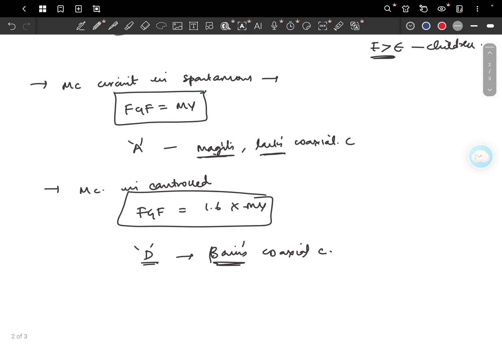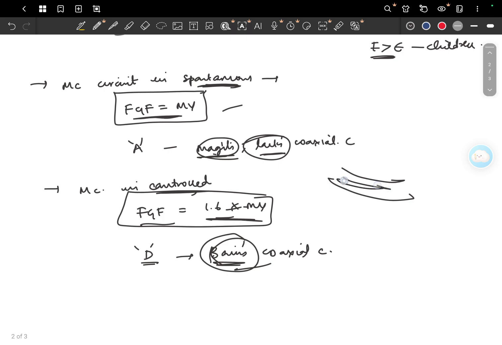So these are the 2 points you have to remember. In spontaneous, this is the formula, and Magill's and Lack; in controlled, this is the formula, and Bain's is the answer. Bain's looks something like this, it has a tube inside tube, and we have patient side, then we have the valve or APL valve, and free gas flow is also there.